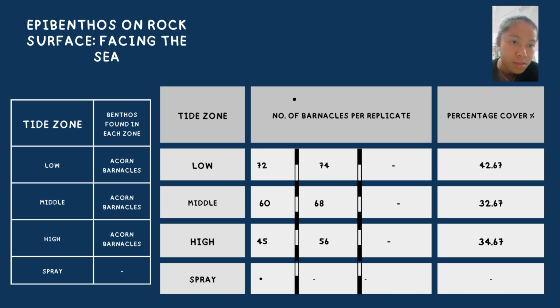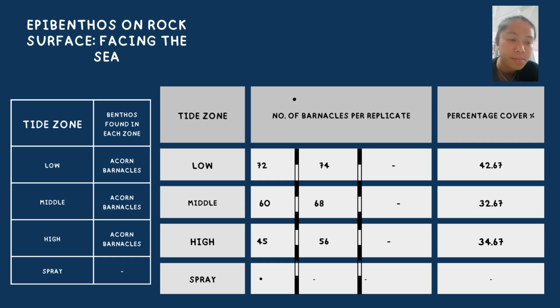For all tide zones, which are low, middle, and high zone, the benthos found in these zones are barnacles, while for the spray zone there is no benthos found. For the tide zone, the number of barnacles per replicate for low is 72 and 74, while the percentage cover is 42.67%.